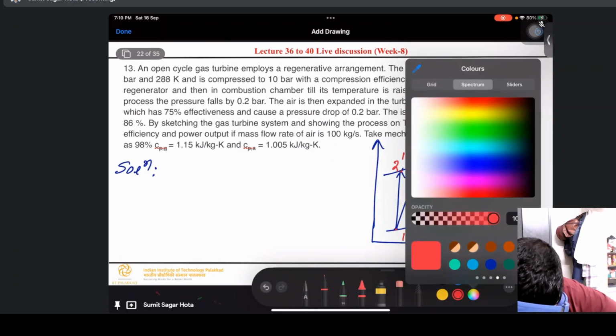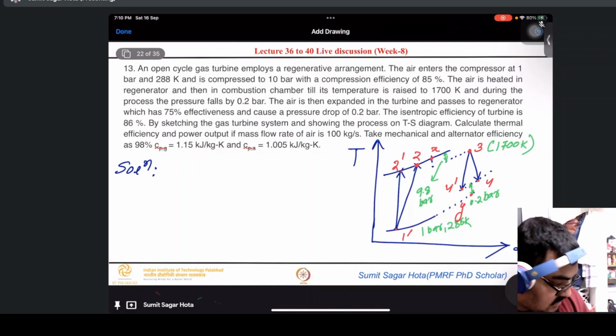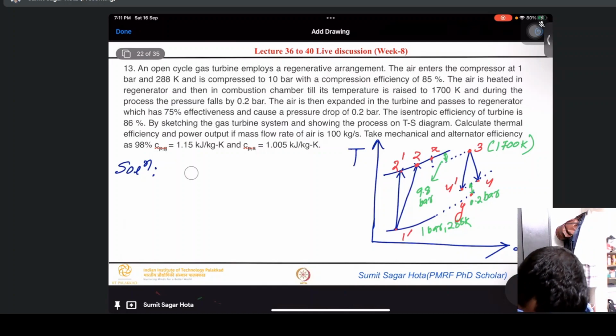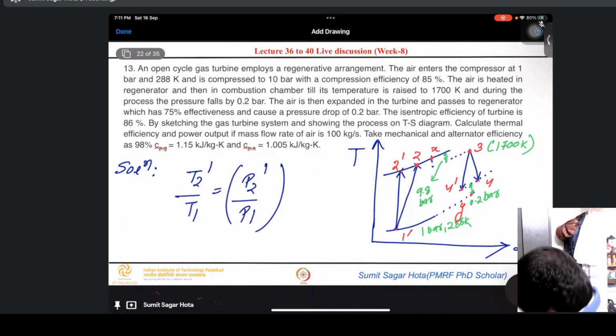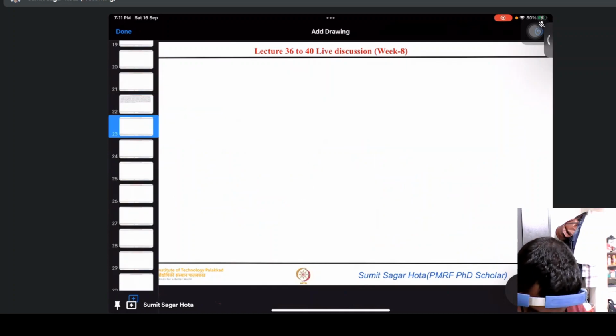So let's solve this thing, TS diagram. Okay, solution. First write down the isentropic relation: T2 dash by T1 is equal to P2 dash by P1 to the power gamma minus 1 by gamma. Okay, let's solve it.